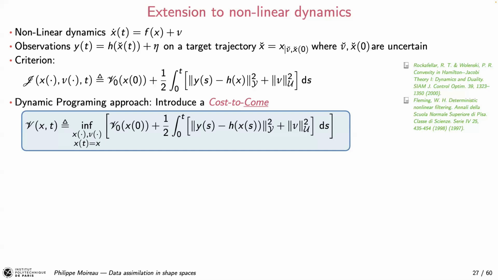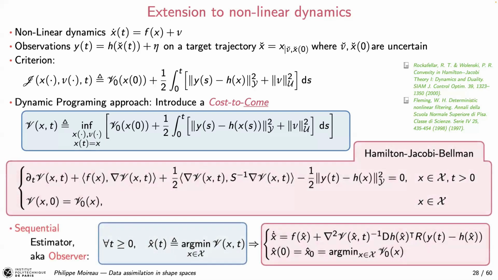When you do that and you apply a Bellman principle on this type of function, you get that the value function follows what is called a Hamilton-Jacobi-Bellman equation. It's a forward problem. It starts from 0, and you have to solve that.